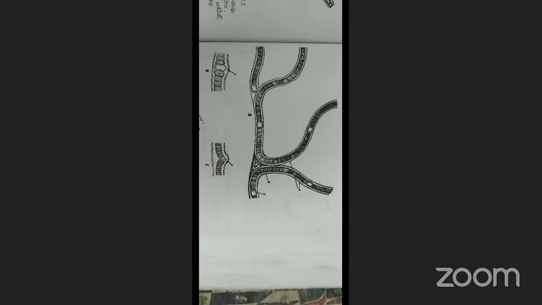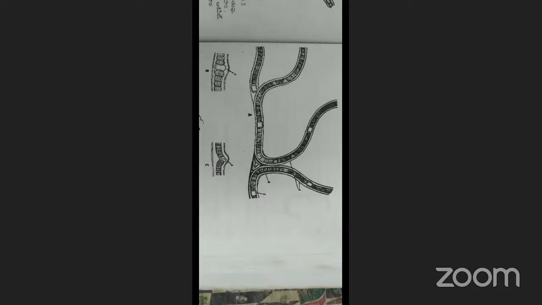So false branching means the filament breaks down at the site of dead cells. Some cells have died, due to some circumstances. At that site, what happens is that they attach to the other filament through the mucilage sheath.